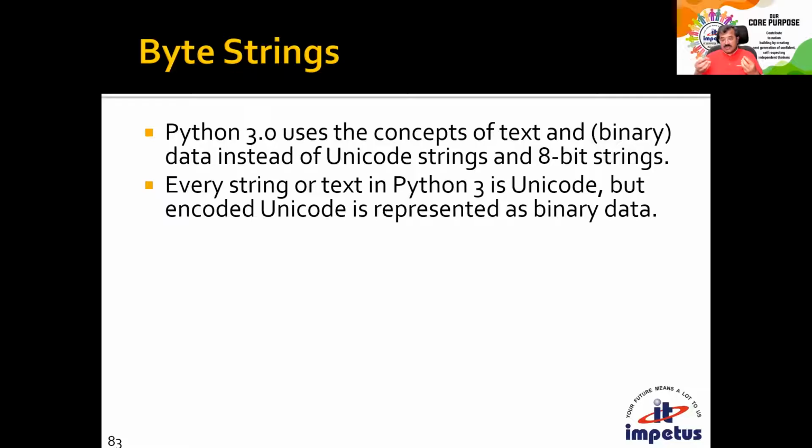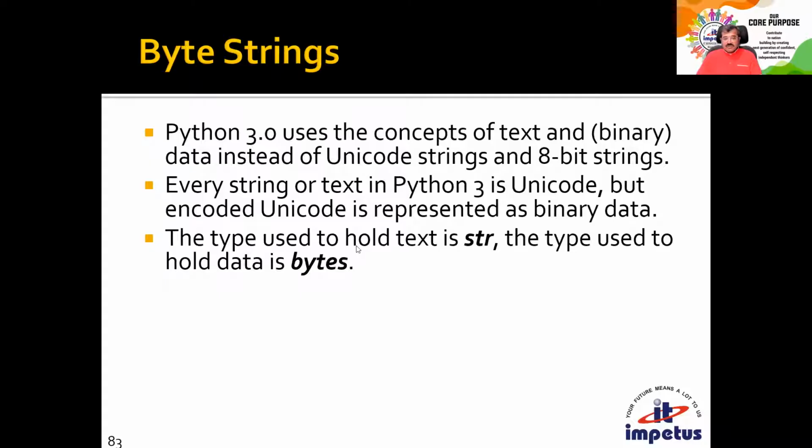So Unicode is what? Giving some number to that particular symbol, and then converting that number into a binary value. So that's the basic idea. The type of data used to hold a string is str, and the type of data used to hold bytes is bytes. So you have two types of data, string data and bytes data.